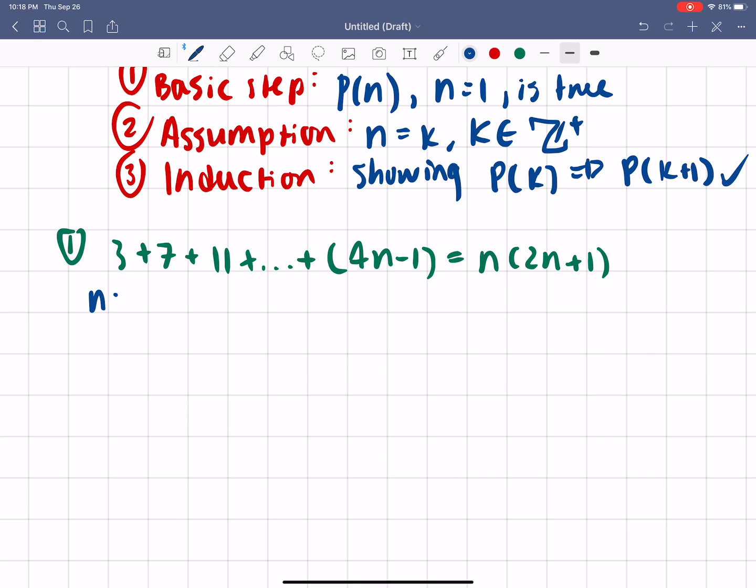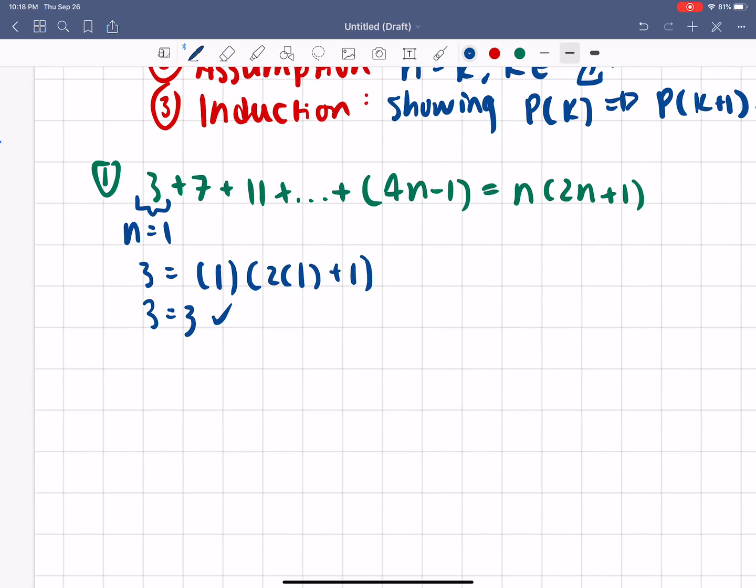So let's do n equals 1. Here n equals 1 is our first term, which is 3. So 3 should equal 1 times 1 plus 1... and 3 equals 3, so n equals 1 is correct.